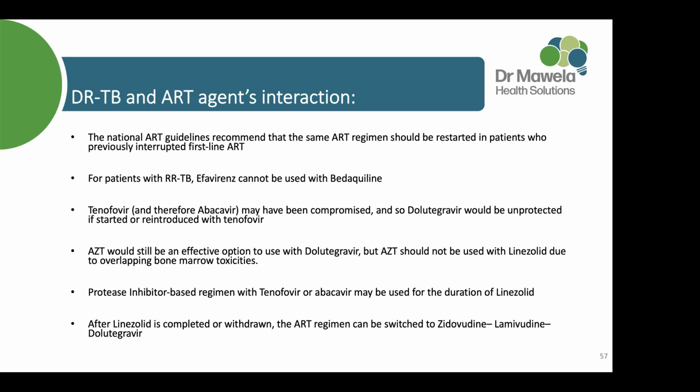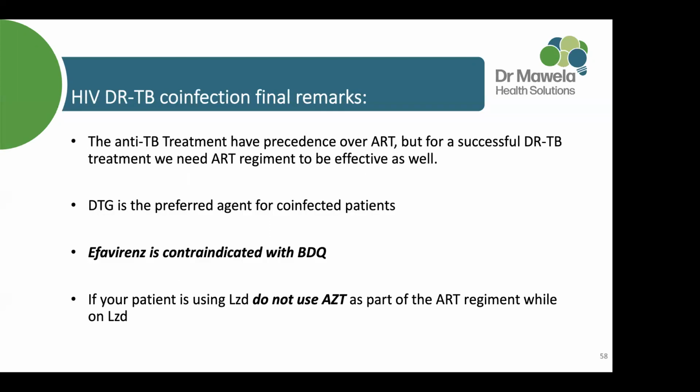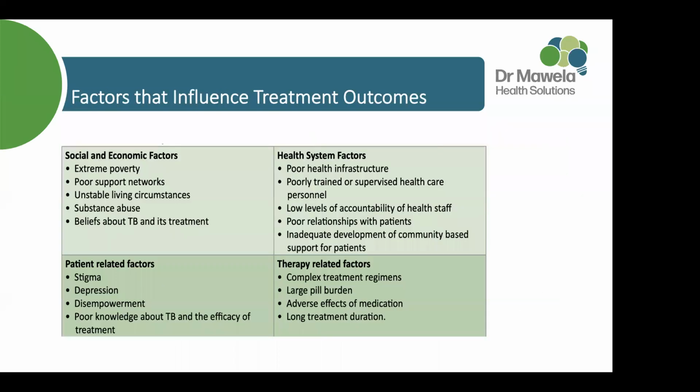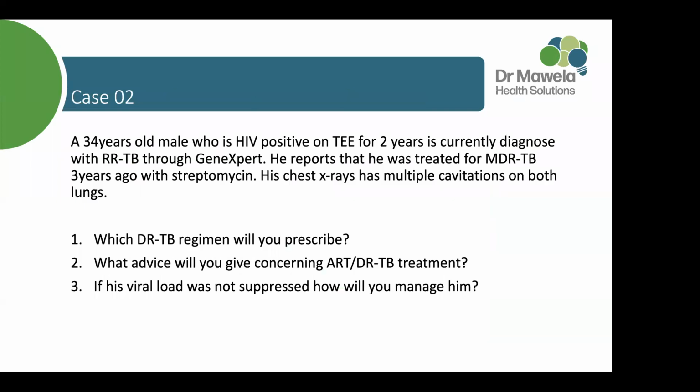You can't start DTG because the NRTI backbone is probably weak because that patient is a defaulter. The best regimen to restart those patients on is a regimen that has lopinavir, ritonavir, lamivudine, and TDF. Even if TDF might be weak, lopinavir, ritonavir will handle that weakness very well because it is a very potent ART.